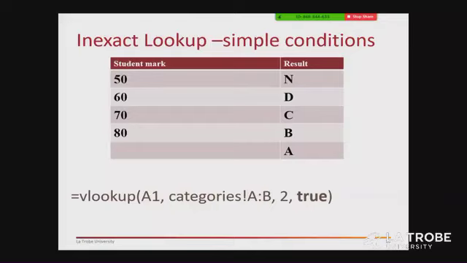So there are three tricks with an inexact lookup. The first trick is you have to be looking up the same thing in the first column that you're seeking for. The lookup value has to be the same type and quantity. The second thing is the first value is the lower bound, so if between N and D is 0 and 50, the 0 is there and the 50 is there.